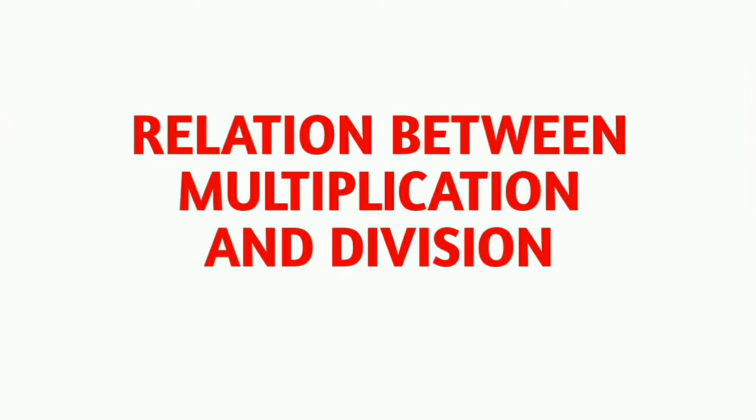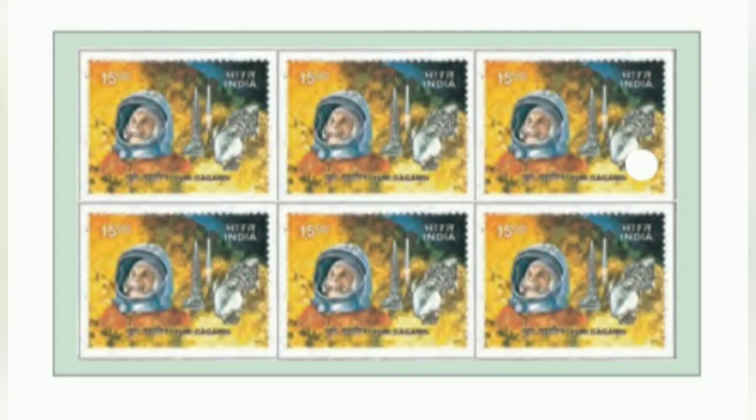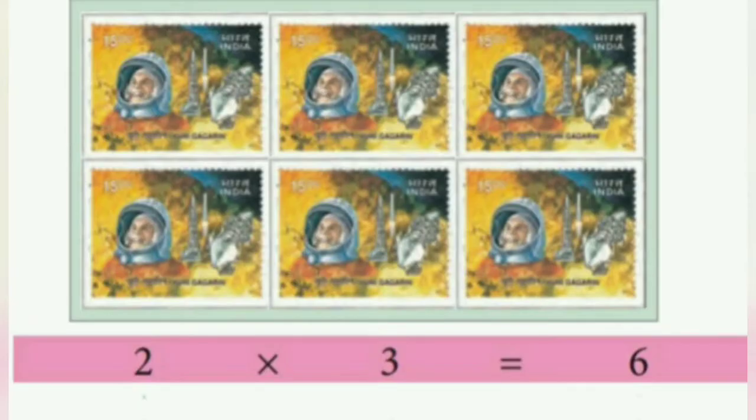Look at this picture. Here we have some stamps pasted on one sheet. Now, to find the total number of stamps, we will multiply. We have 3 stamps in each row and a total of 2 rows.